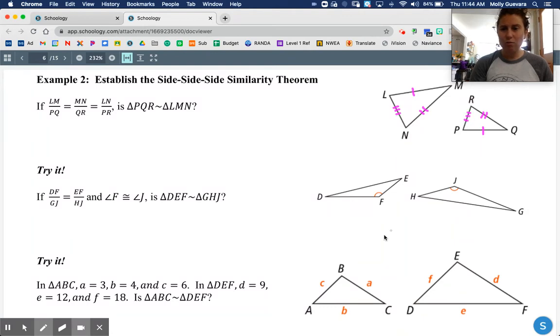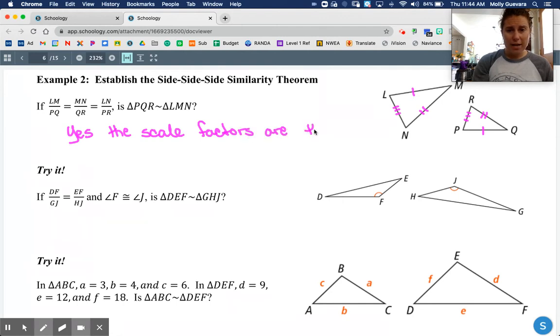Because those ratios are set up, and the question is whether they are similar, we can say yes. These scale factors are the same. I shouldn't say that with the tick marks it looks like they're equal, but that's just proportional. That's why it's set up as a fraction. The scale factors are the same.